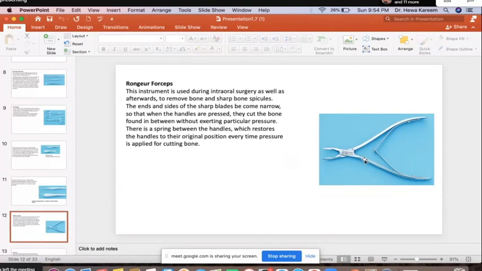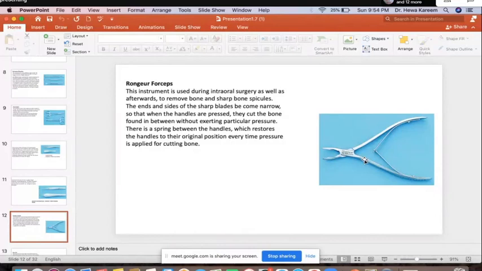This is bone rongeur. Use it for what? Use it for removing sharp, spiculated bone. It is different from the bone file. Bone file is used for smoothing the bone.